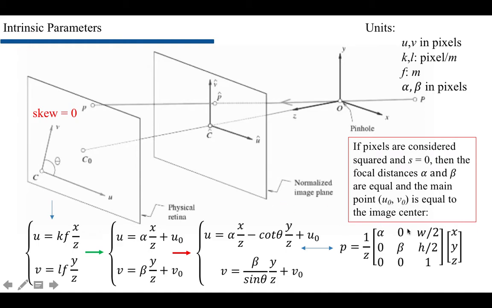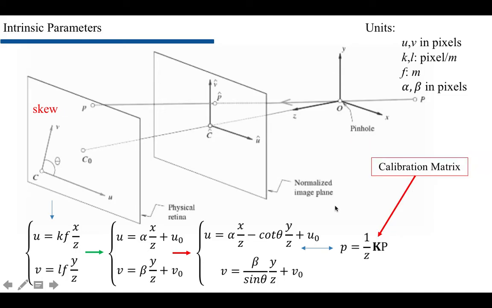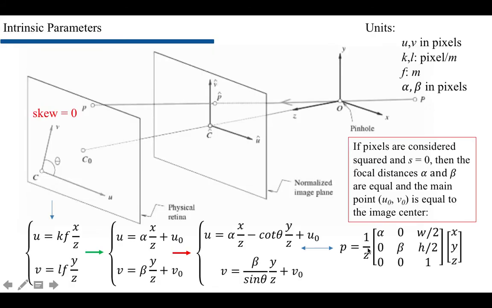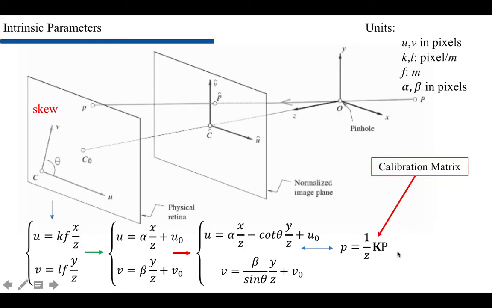I mean, u0 and v0, as I told you before, will be exactly the image center, so basically the width divided by 2 and half of the height also. So it's pretty simple. Okay, and finally we call this matrix K, described here with alpha, beta, and u0 and v0, the calibration matrix.